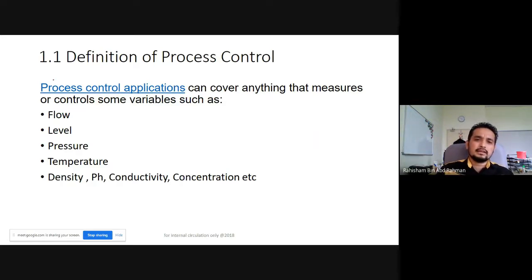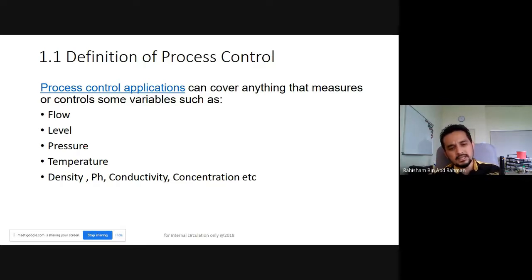What processes can we control? Flow rate, and then level, like your friends mentioned just now, water level, which we want to keep at a certain height. Say, for example, the variable is gas, so we want to control the pressure. What will happen if the pressure exceeds a certain limit? What will happen if the pressure is reduced below a minimum level?